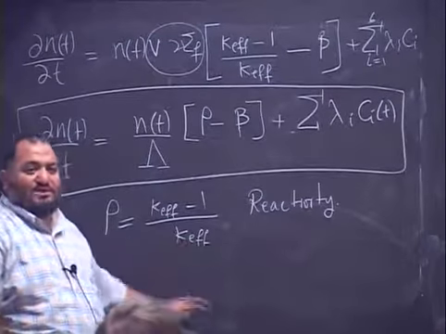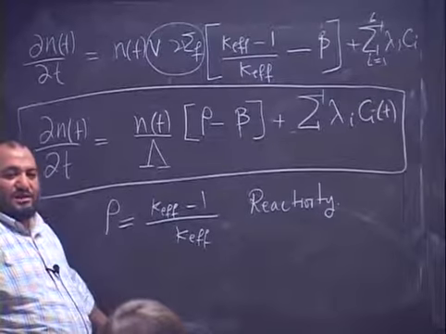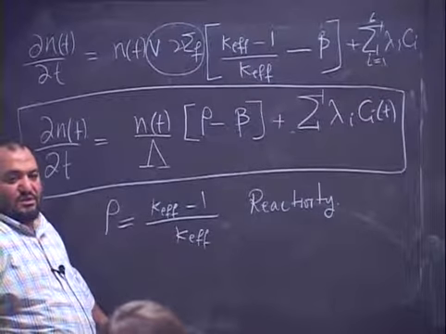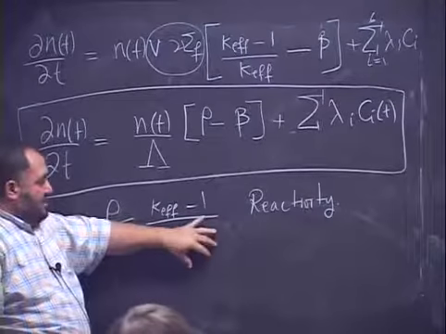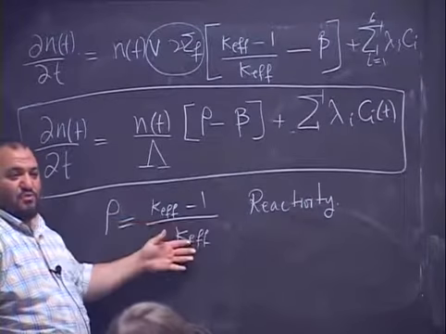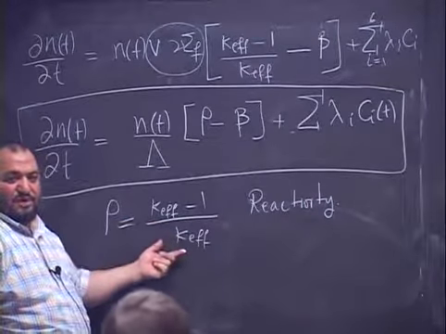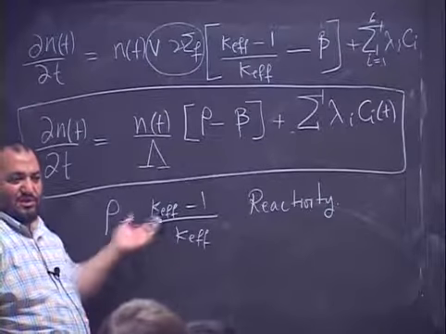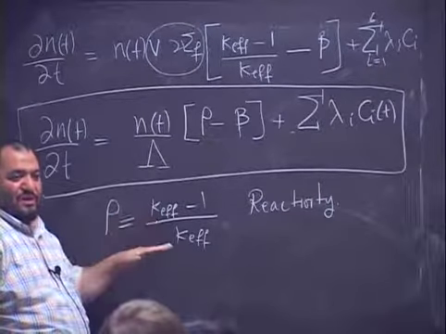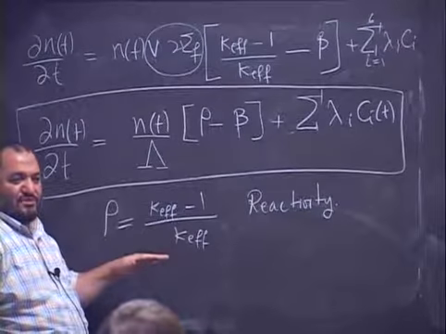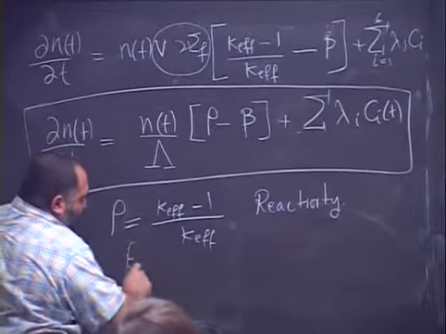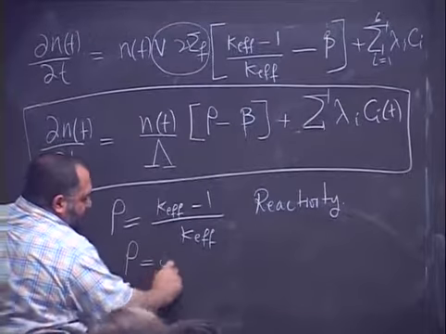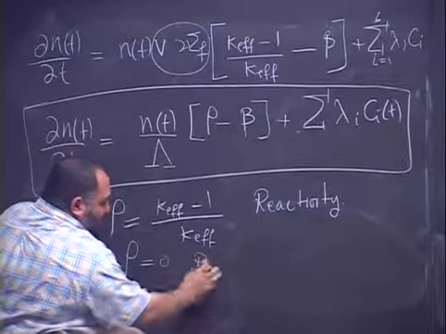So you knew what positive reactivity insertion and negative reactivity insertion are, and so on. So when rho is positive, what does it mean? K is always a positive number. K is less than 1 or greater than 1. K equal to 1 means the reactor is critical. So when K effective is 1, rho is equal to what? So is the reactor critical?